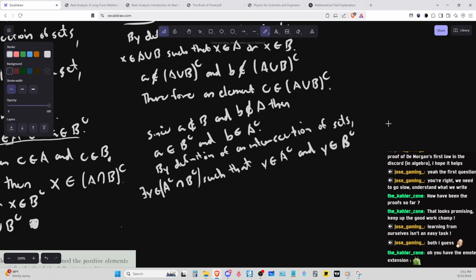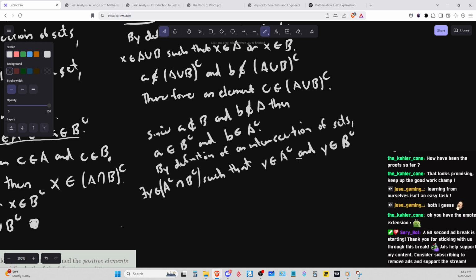Okay. Now since A and B, there's just a Y such that. Now the structure is an intersection, that is true. So basically the first part is saying that C is the thing that belongs in here.